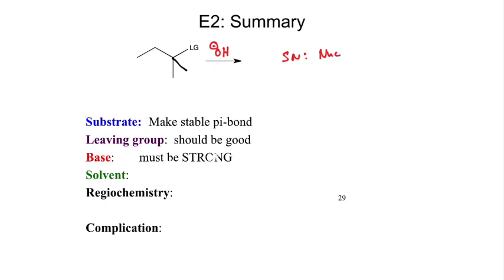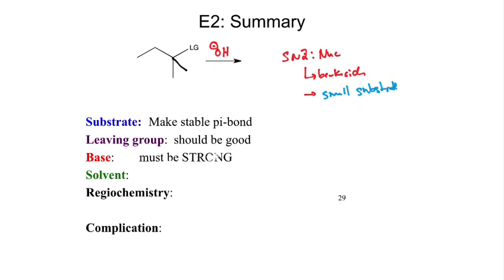SN2, if it's acting as a nucleophile. When I say SN2, you say backside attack. And what does that mean you should reference as far as your substrate? I want a small substrate. Do better.